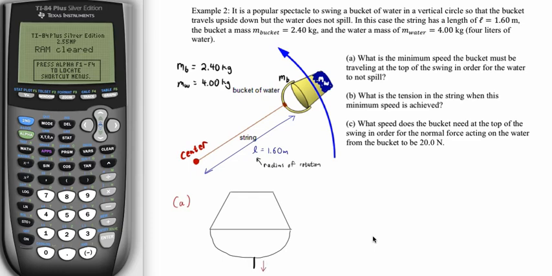So this is going to be the vector A sub c. But what about the forces? The forces that we care about acting on the water are the force of gravity and the normal force, because the idea is that we need the normal force to be 0. We need there to be no push for the water.